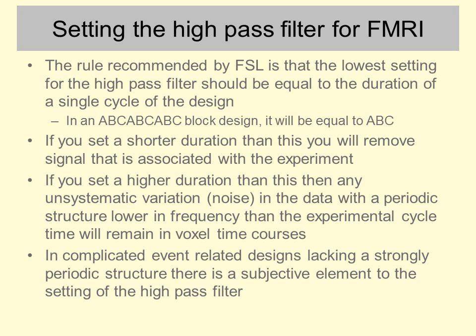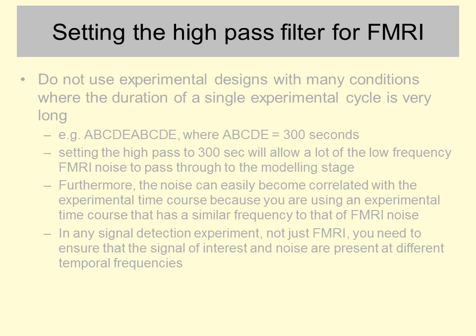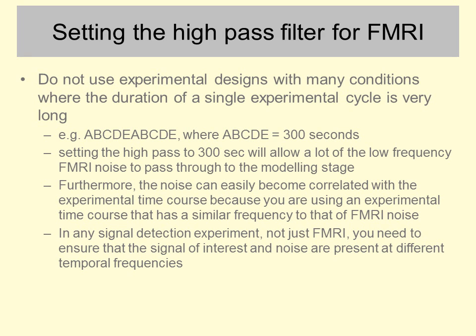That creates a problem, and there is then a subjective element to setting of the high-pass filter. So it's good to bear in mind the high-pass filter when you design your fMRI studies, and this is one reason why it's worth understanding the details of processing rather than just learning to click the buttons in the software.